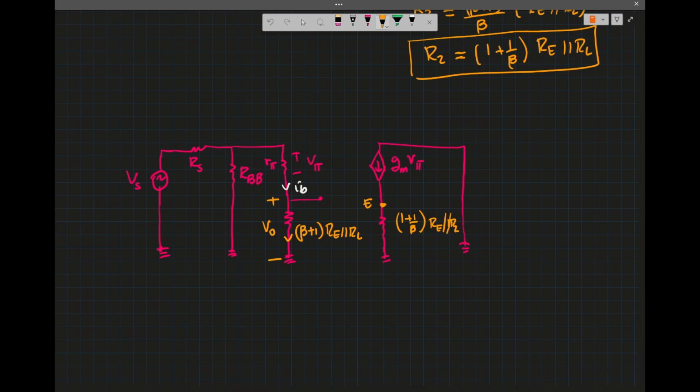To find the voltage gain, what could we do? We know that V0 is beta plus 1 times RE parallel R load times IB.